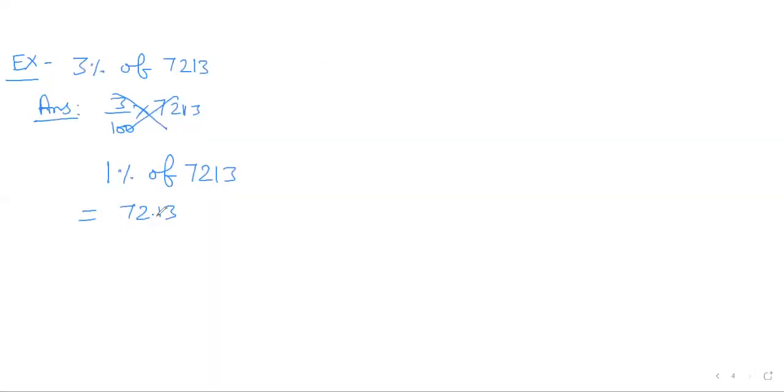Always remember this. Right side from the number, 2 digits. But it is not 1% here, it is 3%. So just multiply with 3. It will be 216.39 answer. Okay.